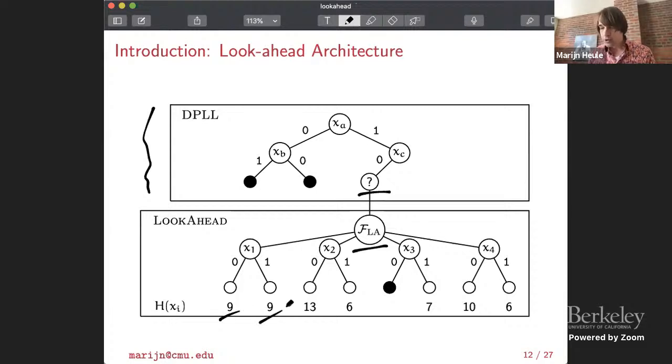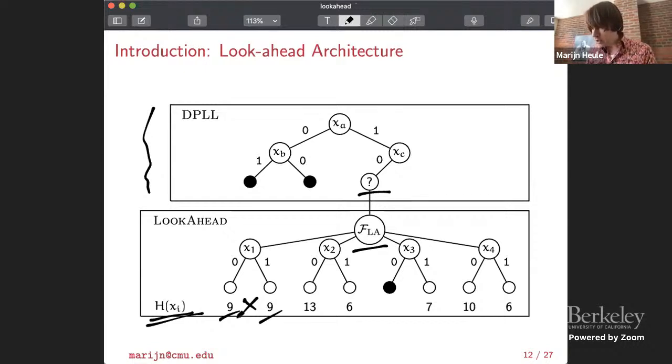For example, the numbers over here show the reduced, not satisfied clauses, and these are the heuristic values. Then we need to combine them, because you pick a variable and not a literal. The best practice is actually to just multiply these numbers, and the highest multiplication is the one that you pick.